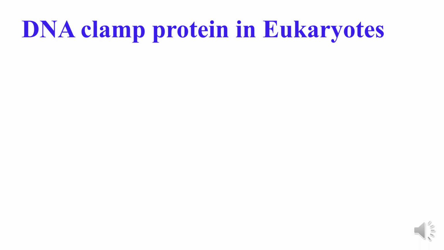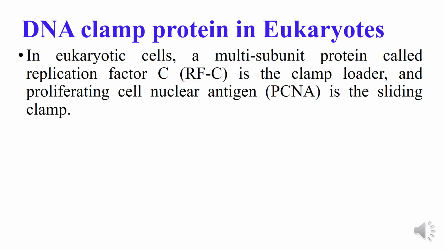Let us look at the DNA clamp protein in eukaryotes. In eukaryotic cell, there is a multi-subunit protein called the replication factor C, RFC, which is the clamp loader, and the proliferating cell nuclear antigen or the PCNA, which is the sliding clamp.